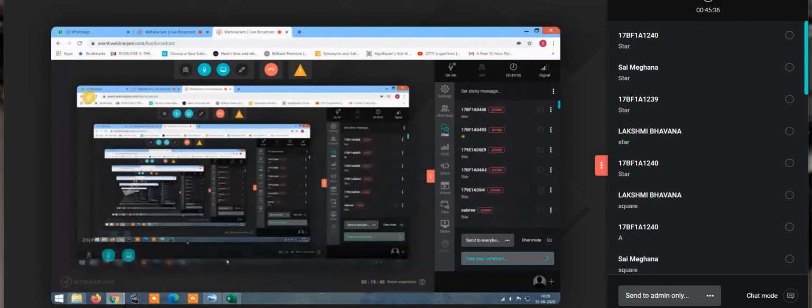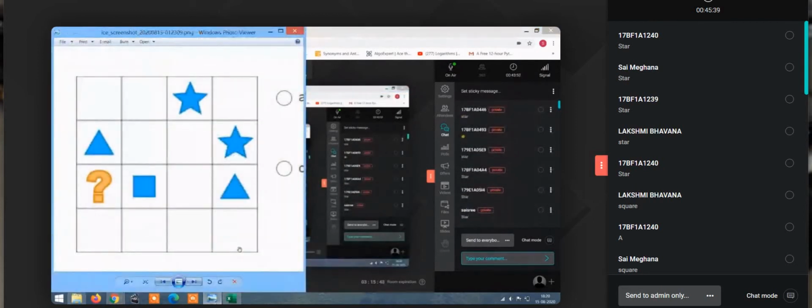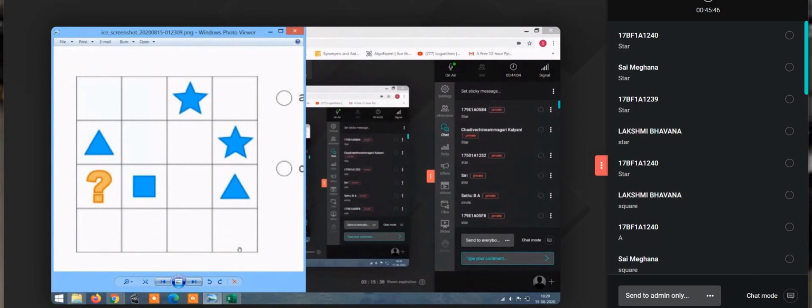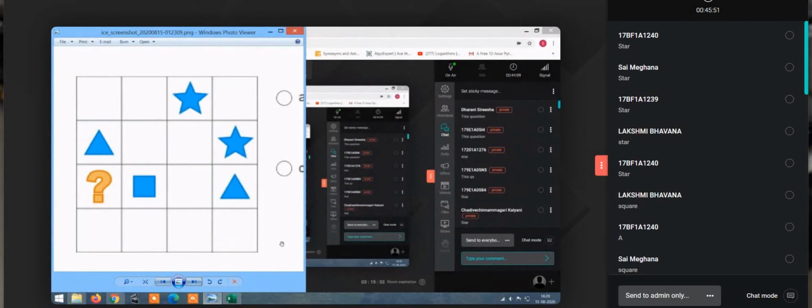You feel this is star? This is nice. Half the screen I can see what the response is, and half the screen I can show you the question. Star, yes sir, star. But the problem is others are also seeing it, so I don't want others seeing it.